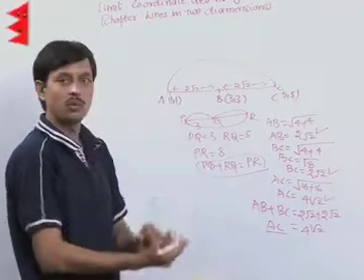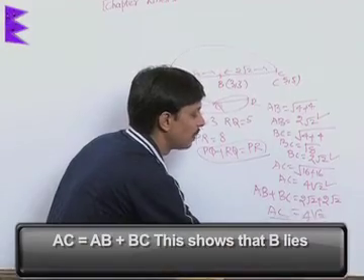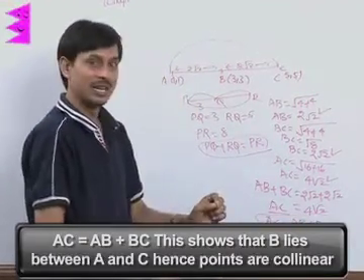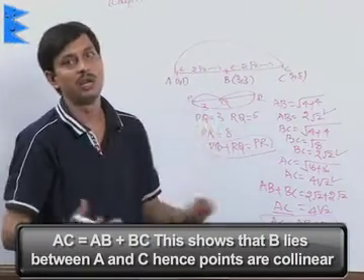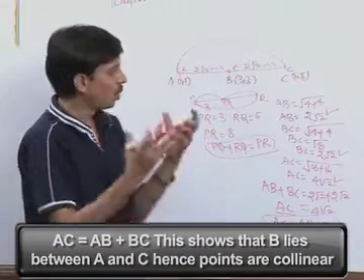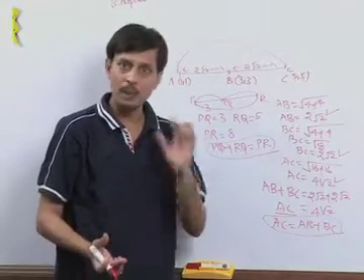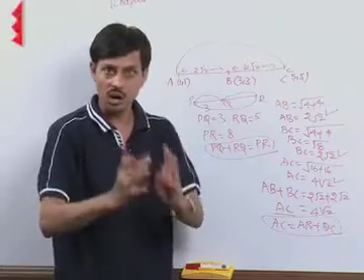So what conclusion have we drawn? That distance AC is equal to AB plus BC. This shows betweenness, that is B lies between A and C, hence the points are collinear. So directly we can say the distance formula is also applicable to check whether 3 points are collinear or not.